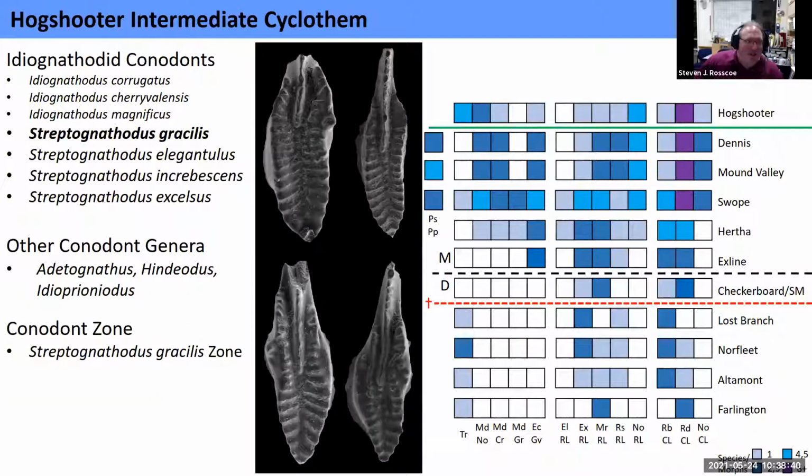There we go, the Hogshooter cyclothem, where we see 4 species of Streptognathodus pop in. And I say pop in because maybe we can trace some of these, like Streptognathodus elegantulus. We might be able to get gracilis and elegantulus tied to Idianathodus cherryvalensis because they have very poorly developed rostral lobes.